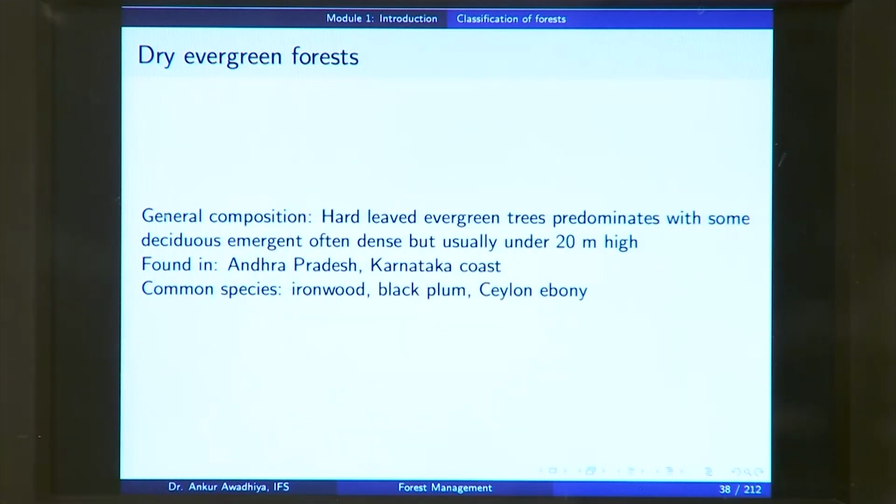Generally, the height is less than 20 meters. So, as against a moist evergreen forest, which was as high as 25 meters, here the height is less, because the amount of moisture is less. We typically find it in Andhra Pradesh and the Karnataka coast, and the common species include ironwood, black plum and Ceylon ebony.